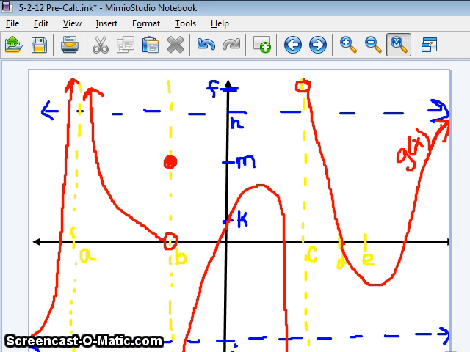Question number 1. All in red, all of this in red. This is all g of x. It is a non-continuous function. It is doing several different things, and there are breaks in the function. However, that is all g of x. So anytime we're talking about the function, we are talking about what is in red.